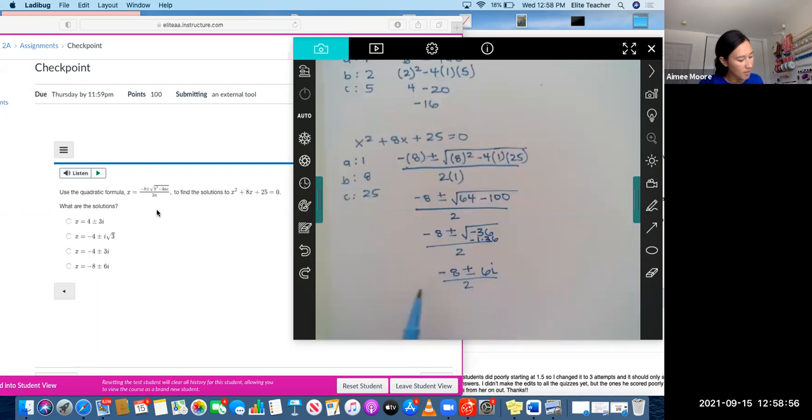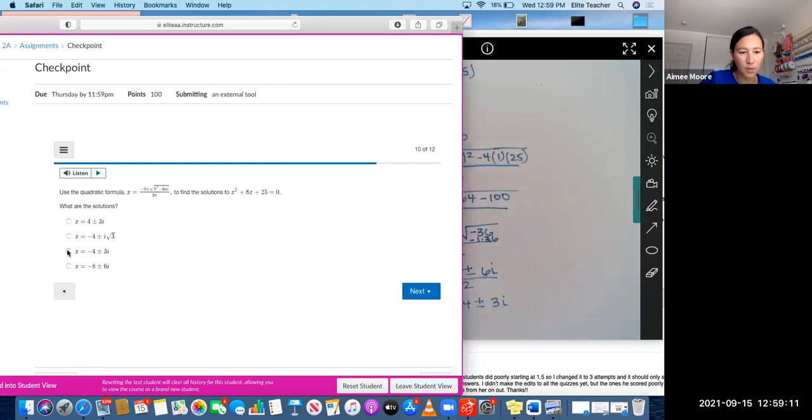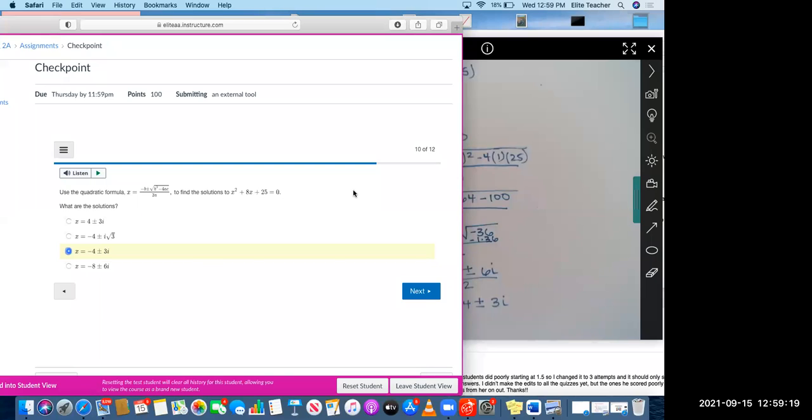So negative 8 divided by 2 is negative 4 plus or minus 6i divided by 2, which is 3i. So negative 4 plus or minus 3i. Any questions on number 10? All right.